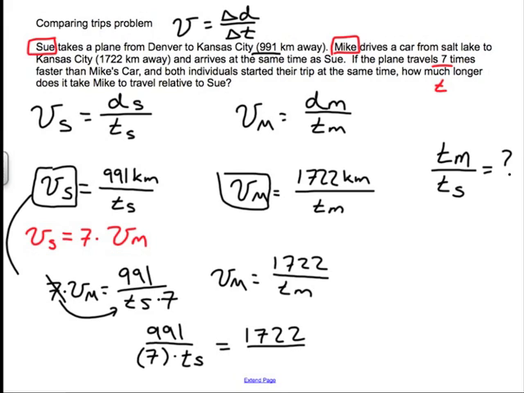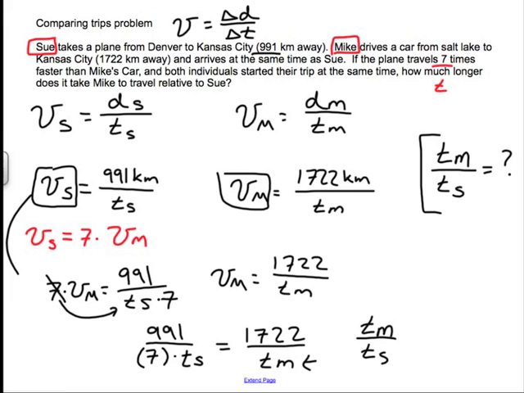is equal to 1722 divided by Tm. Now is when you should look at what we are trying to find. We're trying to find Tm divided by Ts. So this Tm that's down here needs to get multiplied up into the numerator on the other side, and I need to separate off all of these other numbers. So now it's going to look like this: Tm divided by Ts.